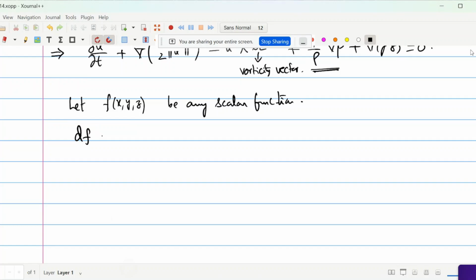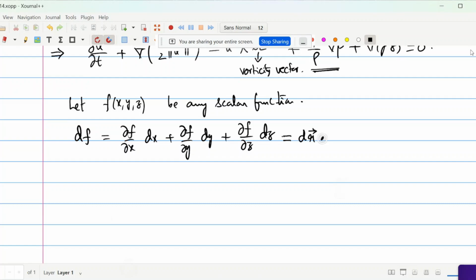Then df is dou f by dou x into dx plus dou f by dou y into dy plus dou f by dou z into dz. You might have seen this earlier. So dx, dy, dz is like dr, the position vector.